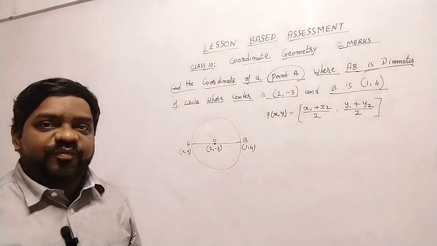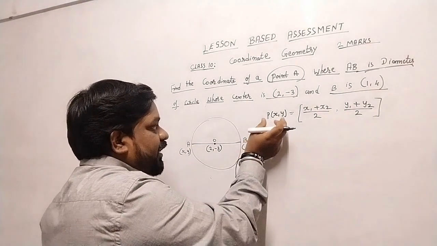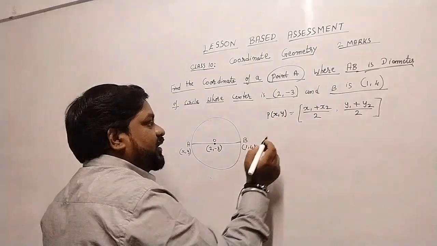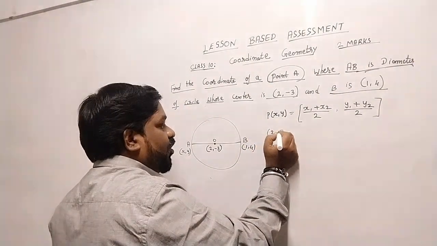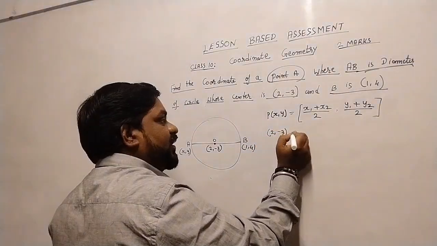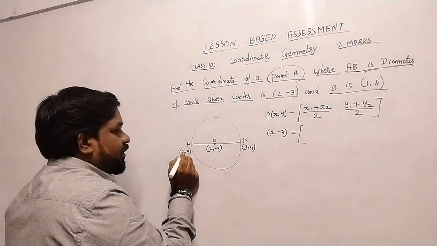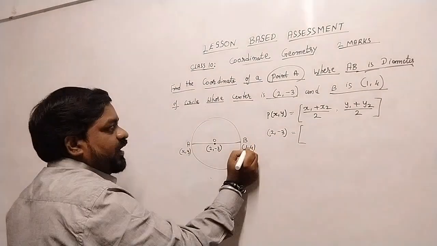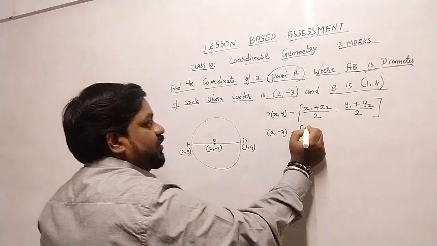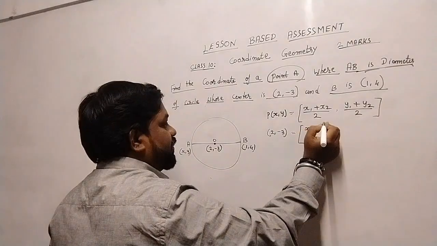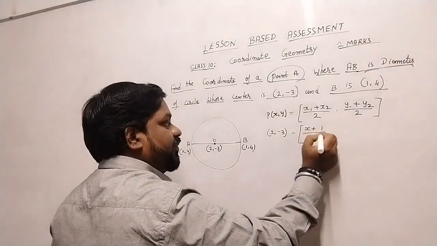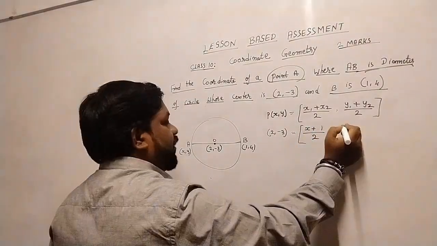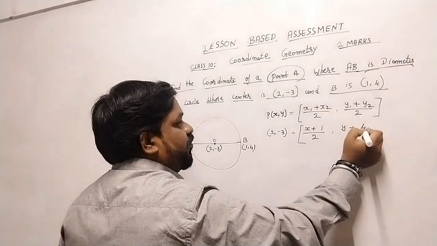This is the midpoint formula. So the given point is the midpoint, that is 2 comma minus 3 equals, with x1 y1, x2 y2, x plus 1 by 2 comma y plus 4 by 2.